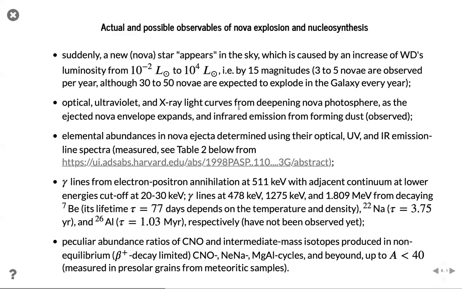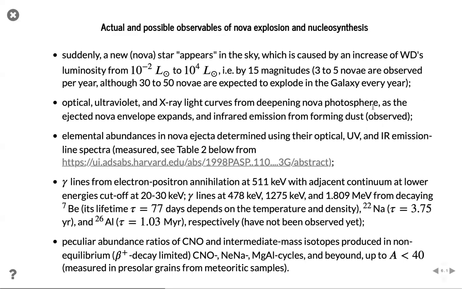That's what light curve means. These light curves actually result from deepening nova photosphere. Remember, when the nova envelope expands, it gets transparent for radiation, and therefore, as it's expanding, we can see deeper and deeper layers inside the expanding envelope. And deeper layers, of course, are hotter.